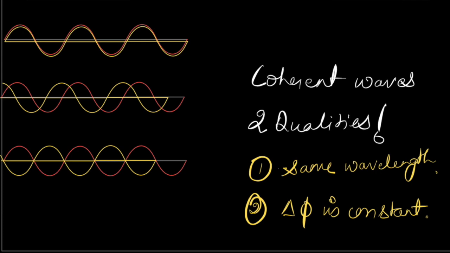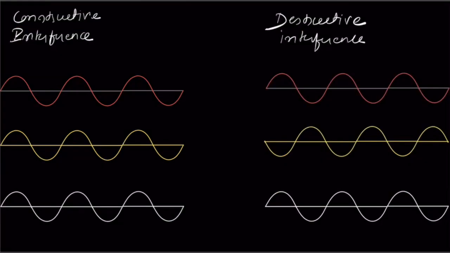Thomas Young in his double slit experiment used coherent waves. That is why he was able to see the interference very clearly. In Young's double slit experiment, we have talked about constructive and destructive interference. If we add these two pairs of waves, we will get different results.